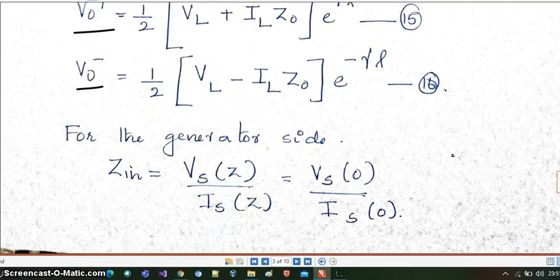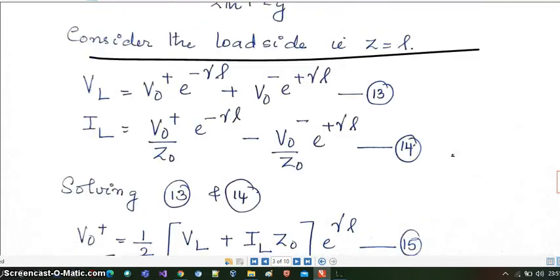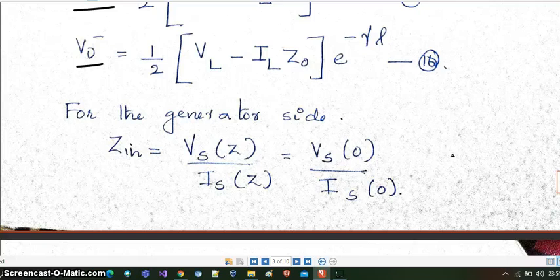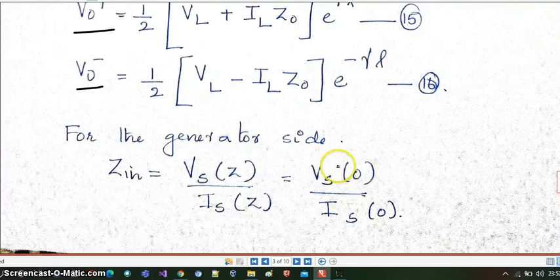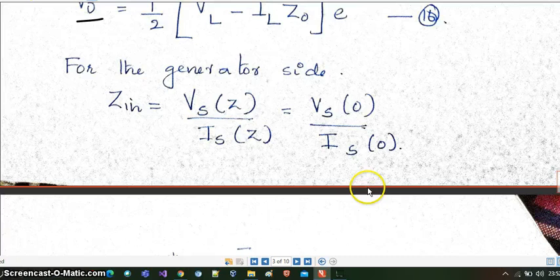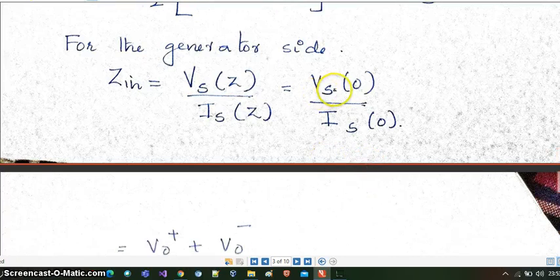Now from the generator side, the input impedance will be Vs of Z by Is of Z, which is equal to Vs of 0 by Is of 0.